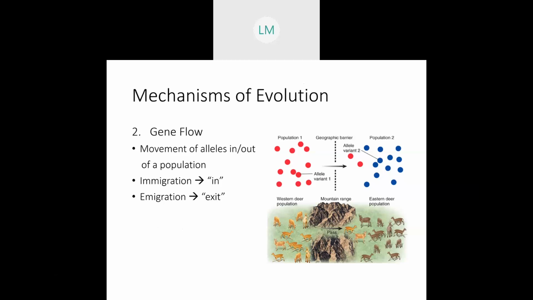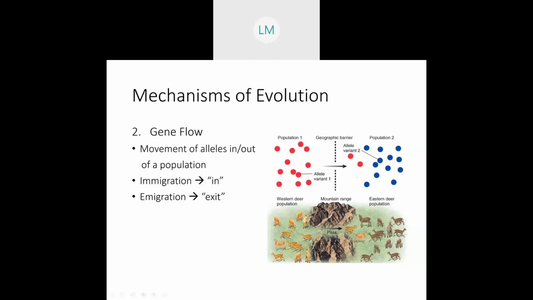So in our figure over here, we've got two populations of deer that are separated by a mountain range. Let's say all of these have the same allele that's coding for coat color, and everybody in population 2 has the same allele that's coding for coat color. So if two individuals from population 1, our western deer population, cross this mountain range and enter population 2, now we have a change in allele frequencies over here, right?